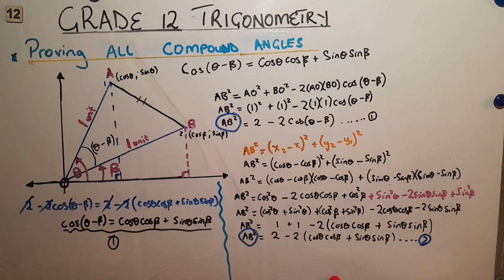I mean, when you know how to prove something, you will know how to work with it, right? Yes. So this is our compound angle number 1. So the rest of the compound angles that I'm going to do now, they are needed for exam purposes, right? So know how to prove them. So let's get to the second one using this first one, right?